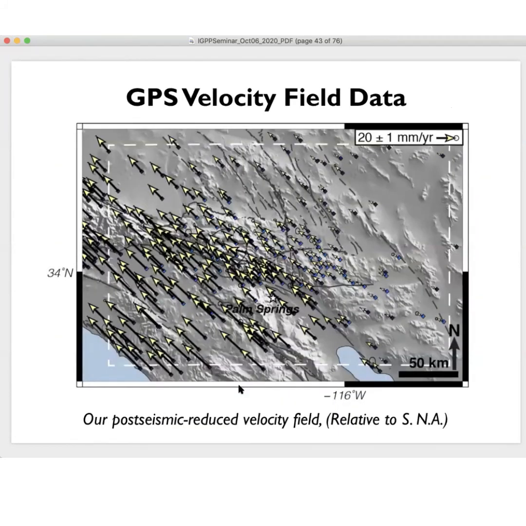When it comes to our data sets, like I said before, we're using our post-seismic reduced GPS velocity field, in addition to our observed velocity field, again, so we can compare the effect of that post-seismic motion. But one plug I do want to make is that we were very lucky to be able to collect and include a whole bunch of campaign measurements.